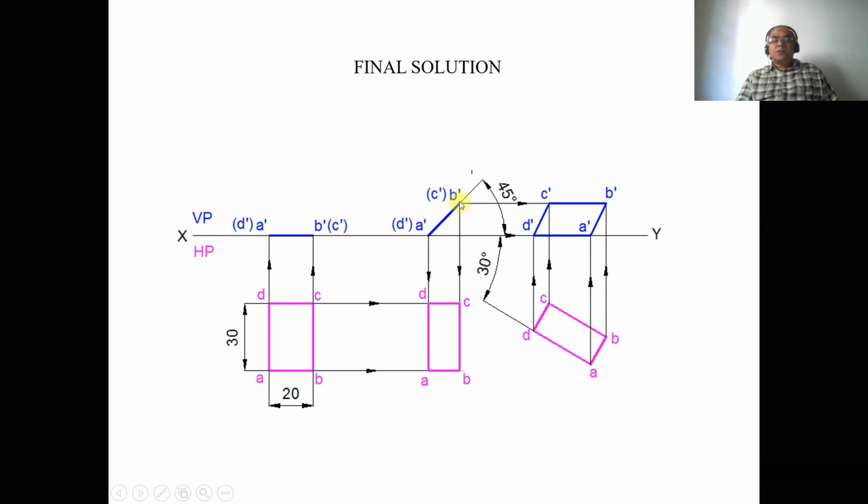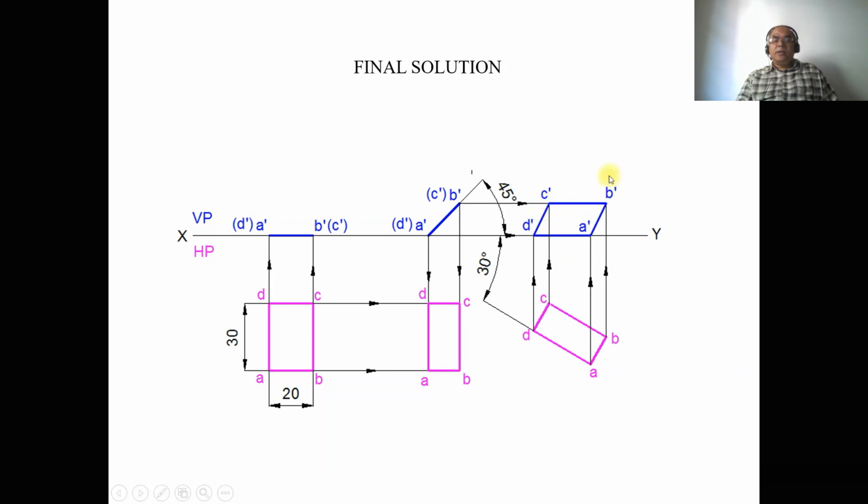And draw a horizontal projector from B dash and C dash and a vertical projector from B and C. Both will intersect at B dash and C dash respectively. Then mark these points as B dash and C dash. Then join A dash B dash, B dash C dash, C dash D dash and D dash A dash with a dark line.